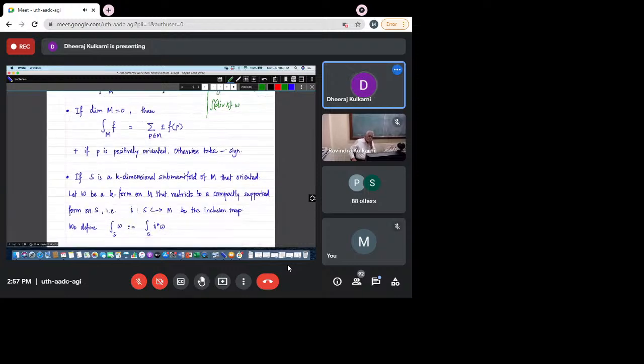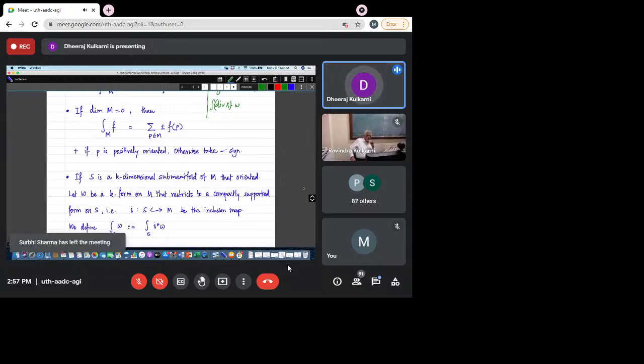Okay. So in general, if you have a co-oriented submanifold S of dimension k of this manifold M, then you can integrate a k-form on S in the following way. Let us say that omega is a k-form on M such that its restriction to S is a compactly supported form.